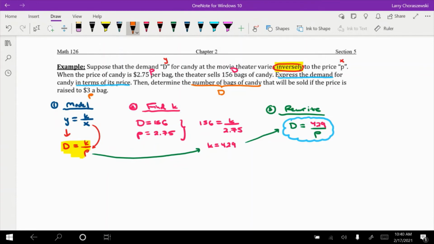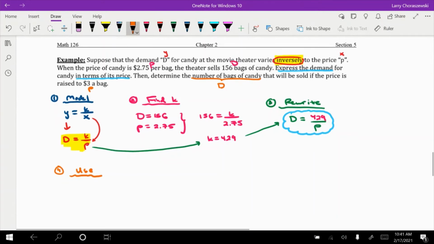Do you expect more bags of candy to be sold, the same, or less bags of candy to be sold? Yeah, it should be less, right? Because inverse variation, if we raise one quantity, the other goes down.